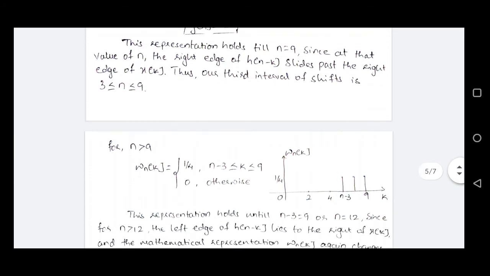So for what values will it overlap? It is simple again, 1 by 4 for k between n minus 3 to 9. Only the right side samples have come out of the overlap. Still some samples overlap, and it will be defined by n minus 3 to 9.